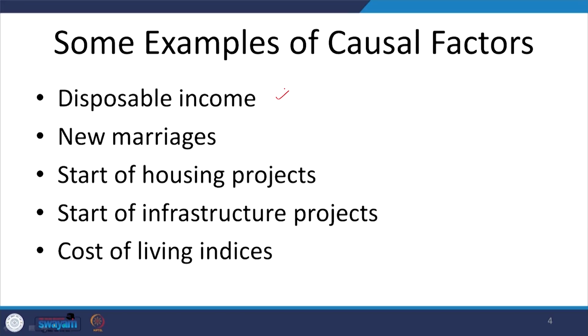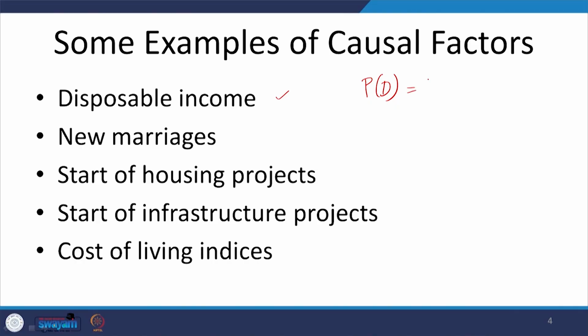How the disposable income of a particular society is changing, and accordingly if you have some kind of relationship with your product's demand, then you will find that the demand of your product is a function of disposable income, and I need to determine this relationship.